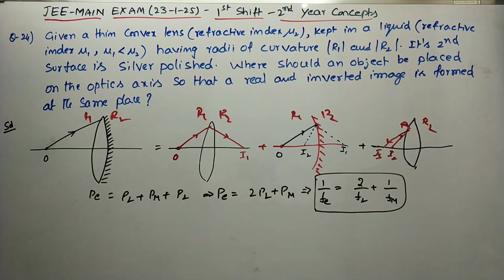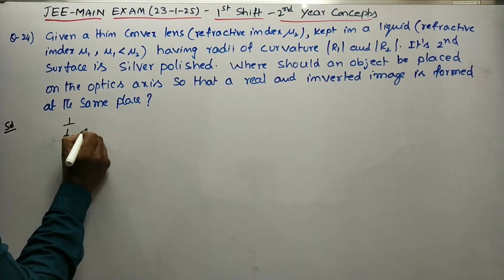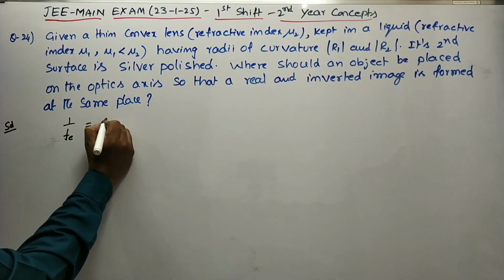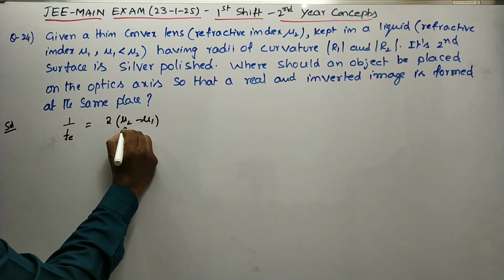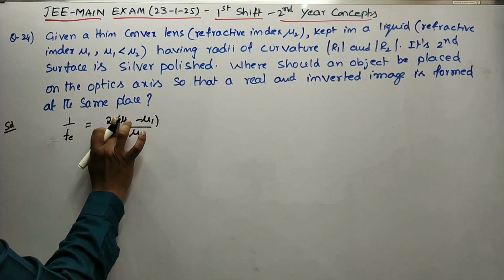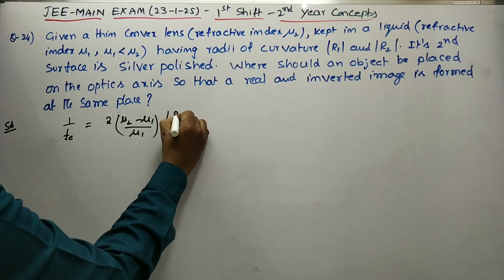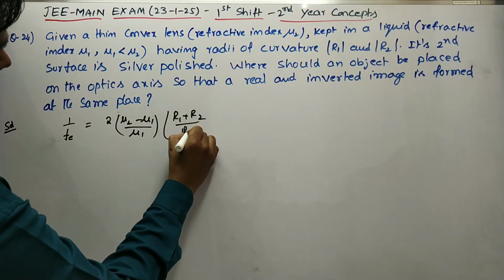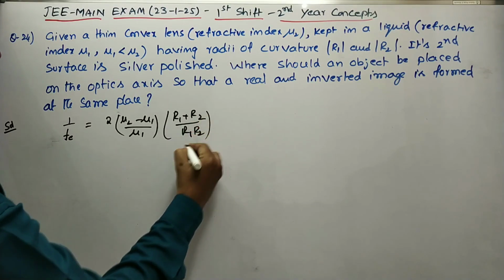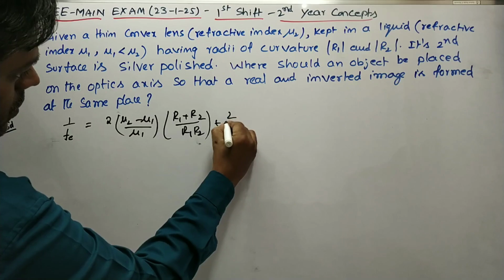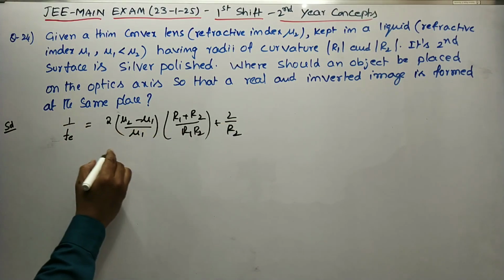Now we can write 1 by FE is equal to 2 into (mu2 minus mu1) by mu1, into (R1 plus R2) by R1 R2, plus 2 by R2. From this, 2 by R2 is taken as common.